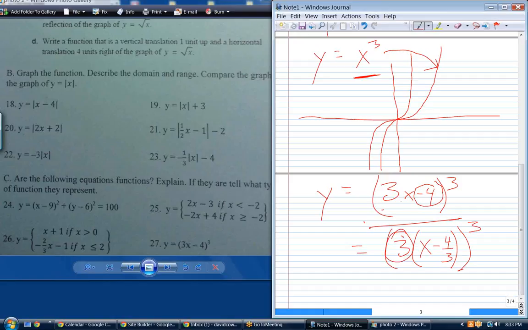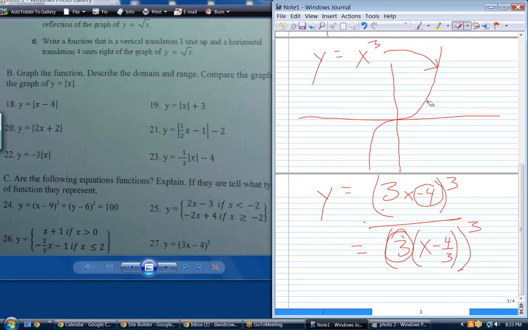In other words, a horizontal translation will not turn a function into a non-function or vice versa. If this is a function, then if I horizontally move it right or left, it's not going to change it. It still will pass the vertical line test.